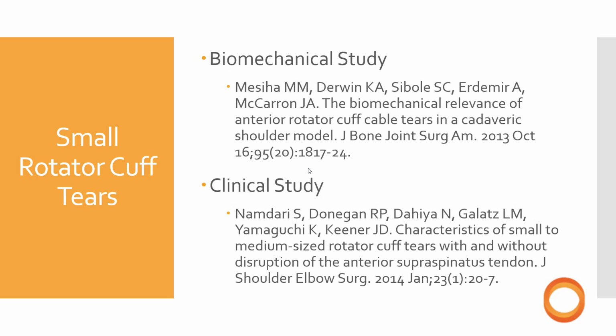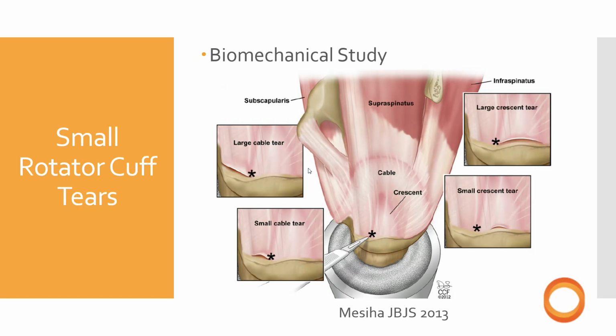Kathy Derwin was the PhD. Jesse McCarron was my surgeon mentor. The other two were finite element modeling engineers that helped us do the data analysis and to track. These were awesome people that helped us look at the rotator cuff anatomy.